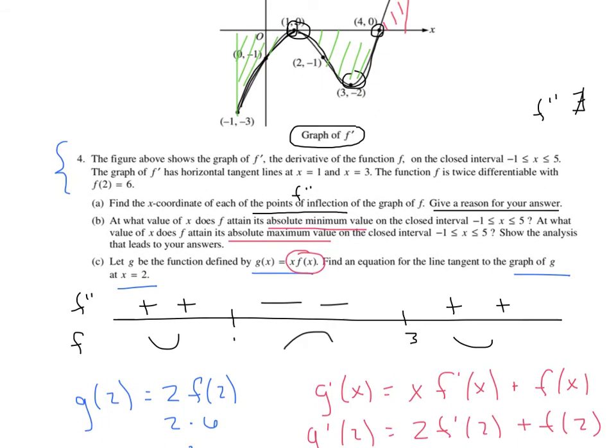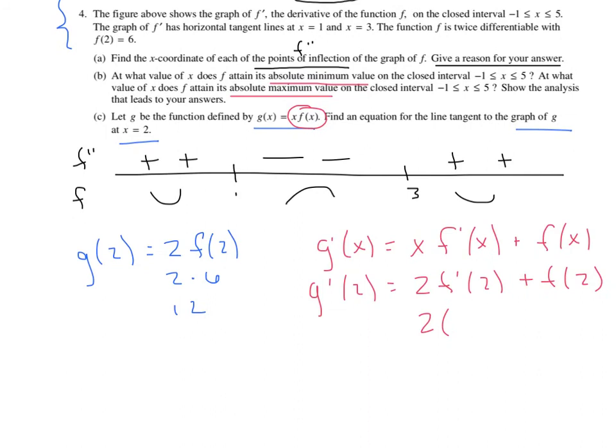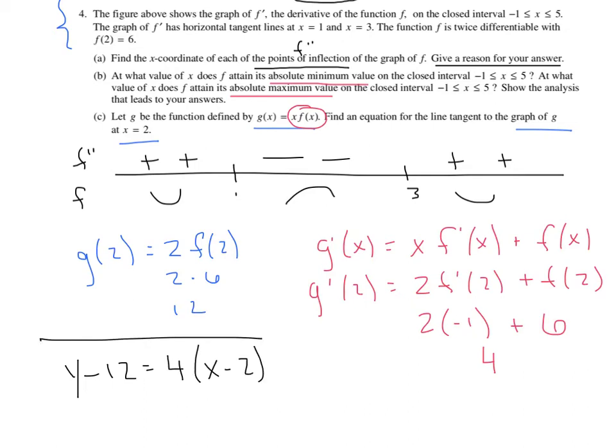And let's see, what do we got here? Right there, f prime of 2 is equal to negative 1. So I'm going to substitute my negative 1 in there. And f of 2, again, was just a 6. So I ended up getting 4 for my slope. And if I put all those components together, I've got y minus 12 equals slope of 4 times the quantity x minus 2. And ladies and gentlemen, there's the equation for my tangent line to the graph of g at x equals 2.